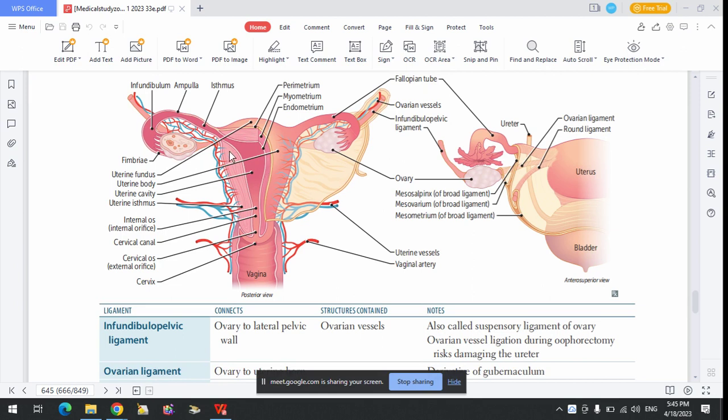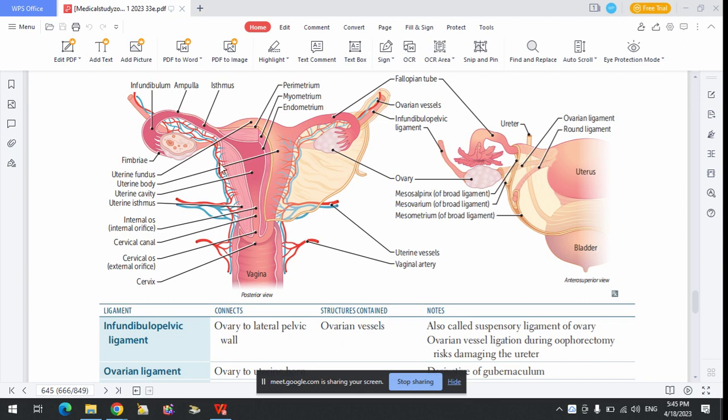Okay, the suspensory ligament of the ovary, okay, I think I'm getting it now. The ligament of ovary connects the ovary to the uterine horn. It is the superior derivative of the gubernaculum.